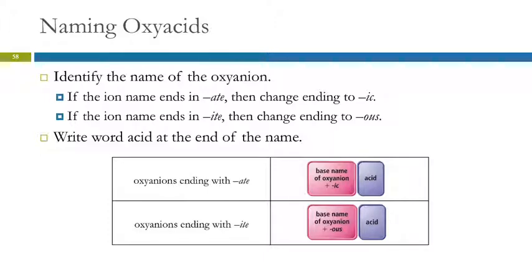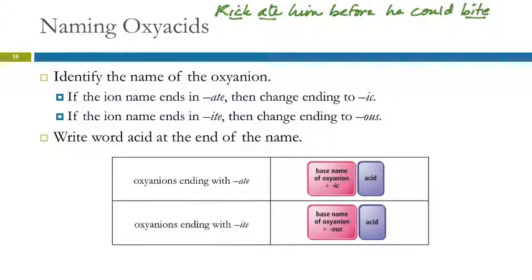So how do you remember that ic and ate go together? Well, the one I've always used is a silly sentence. Rick ate him before he could bite us. There's the ite. Use your imagination there. Rick ate him before he could bite us. Another one students like is the white mouse ate icky cheese.